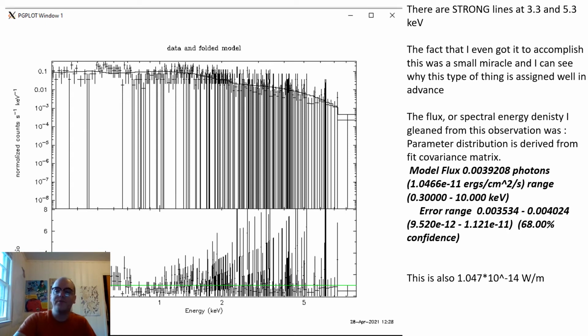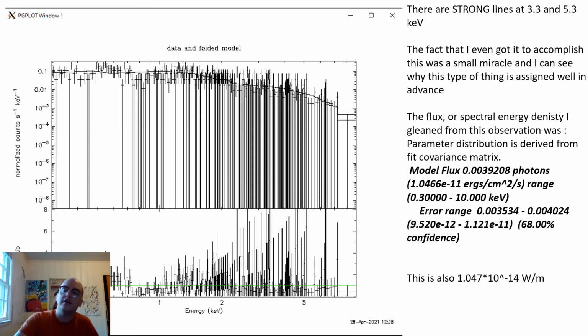And so there's strong lines at approximately 3.3 and 5.3 kiloelectron volts, and the flux, or spectral energy density, that I got was 1.0 times 10 to the negative 14, I believe, watts per meter, or for some reason it's given to me in the 10 to the negative 11 ergs per centimeter squared per second range. So we have a strong flux to analyze to understand exactly how much energy is coming off of our AGN.